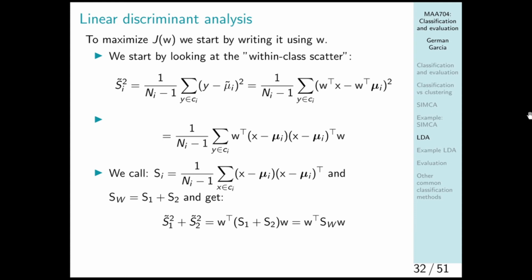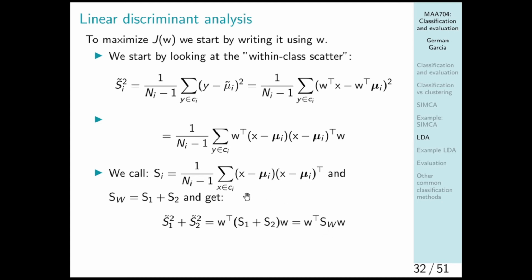So we can expand this, and what we get is this beautiful equality over here. You may already be looking at it as row vector, matrix, column vector. So yes, this is a quadratic form. So if we call this Si, and SW is S1 plus S2, what we get is that the within class scatter is w transpose times matrix SW times w.